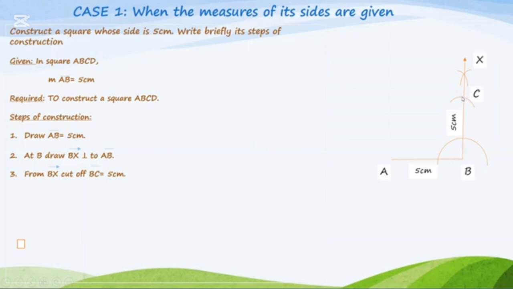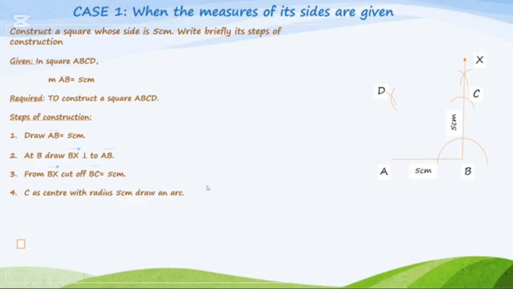Now you have to put the compass at C with the measurement of again 5 centimeter, and draw an arc like this, because it's a square having 4 equal sides. So with C as center and radius 5 centimeter, draw an arc.